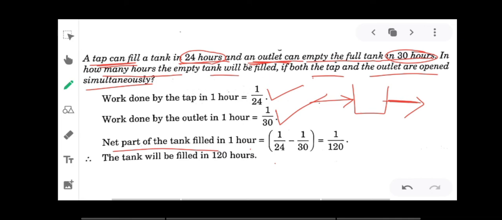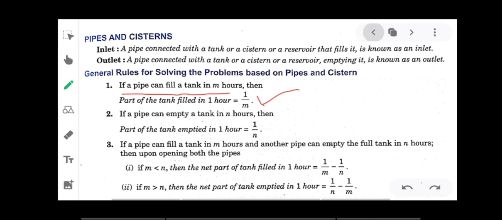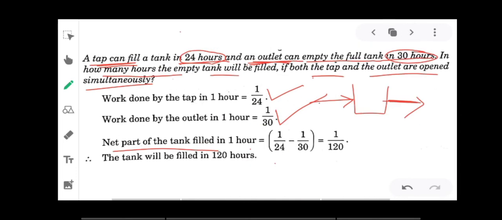It's the formula that if m is less than n, then the net part of the tank filled in 1 hour equals 1 by m minus 1 by n. So the net part filled in 1 hour equals 1 by 24 minus 1 by 30, that is 1 upon 120.